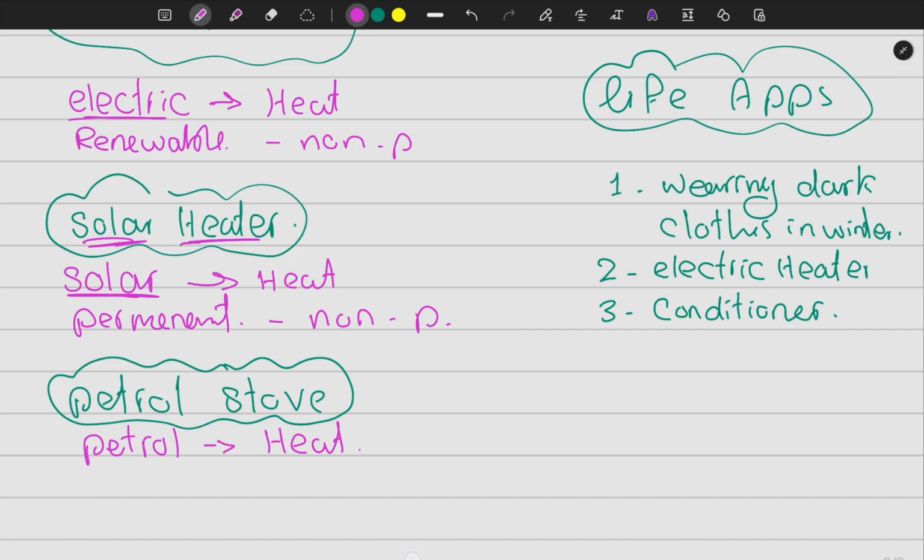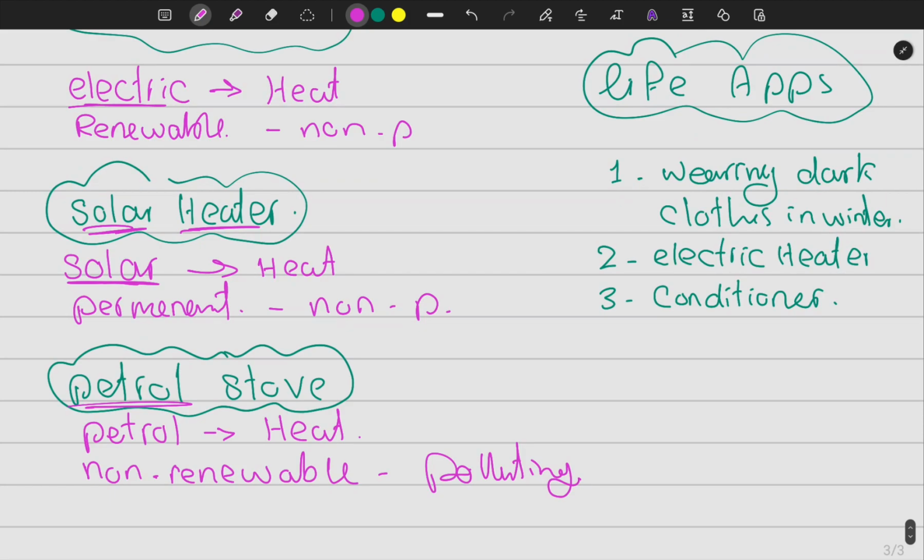Of course it is non-renewable. And it's also polluting, of course, it's petrol. It produces a large amount of carbon dioxide gas.